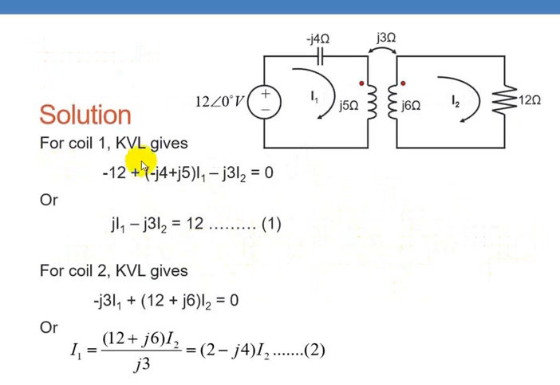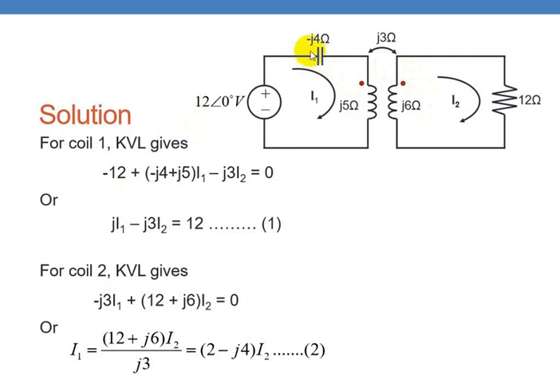So now KVL equation for the first mesh gives, so here you can write these equations. Minus 12, right? If you are writing in the left hand side directly, you can write for this polarity. The current is coming out from the positive terminal, you can write minus 12. Then plus the I1 term, Z11 is nothing but add the resistance and reactance in this.